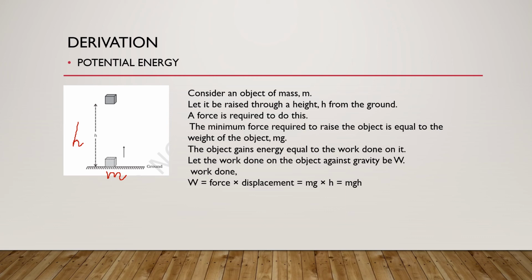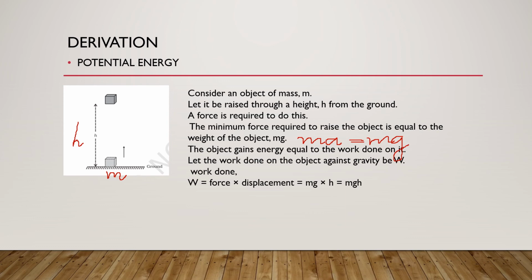Because we are doing it against the force of gravity. So whenever we do this, an acceleration is produced in the body that is equal to acceleration due to gravity. So in this case, we consider F is equal to ma as mg, because we are moving something up and gravity is involved.